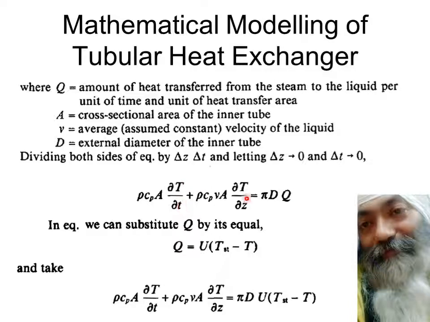In this term, we have the rate of change of temperature with respect to the length. So this equation contains two different changes: with respect to time and with respect to the length of the tube. It's moving along the length of the tube, and because of that, I have to be very, very careful.